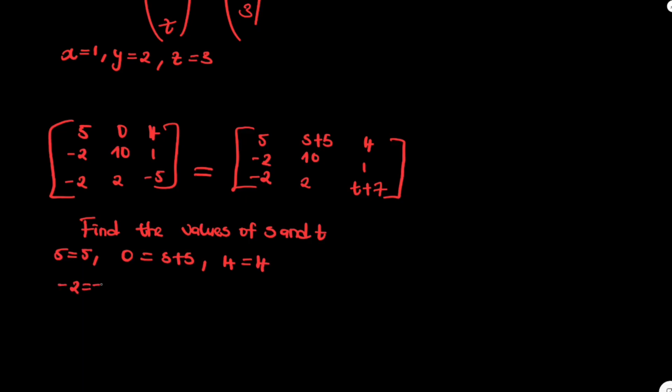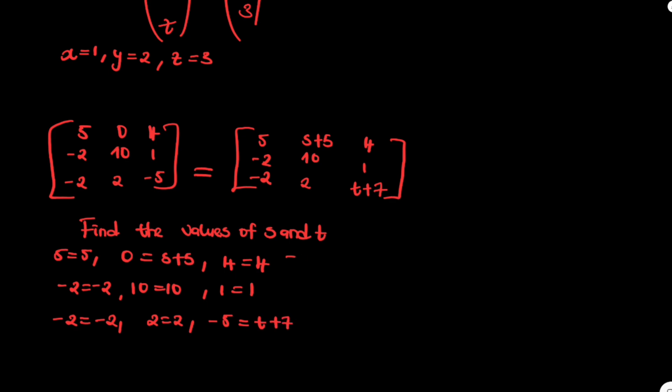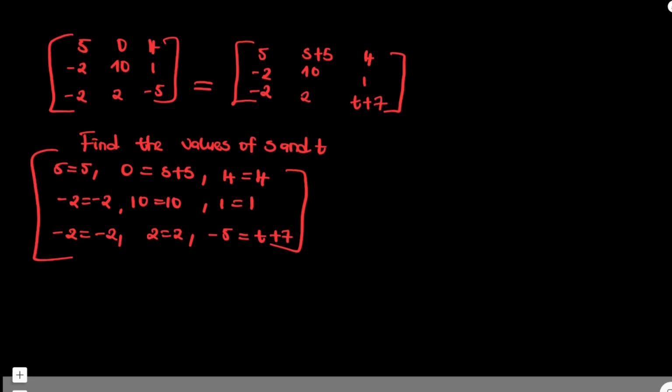Minus 2 equal to minus 2. 10 equal to 10. 1 equal to 1. Minus 2 equal to minus 2. 2 equal to 2. And minus 5 equal to t plus 7. So if these two matrices are equal, it should be as thus.